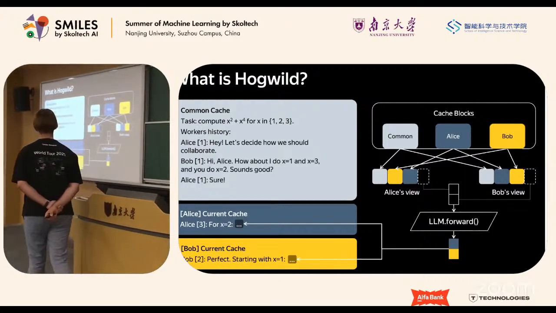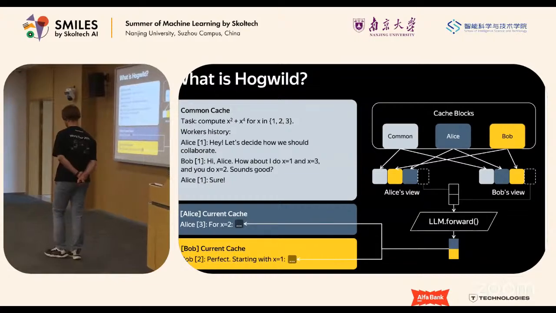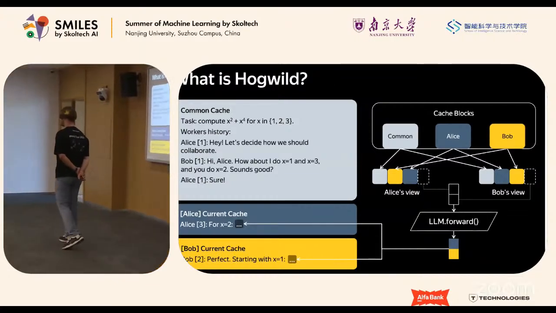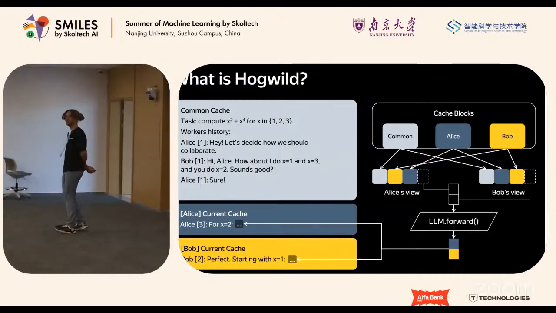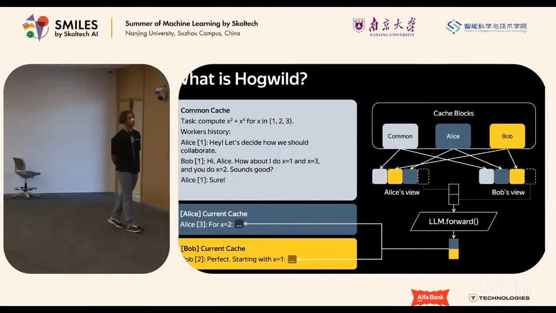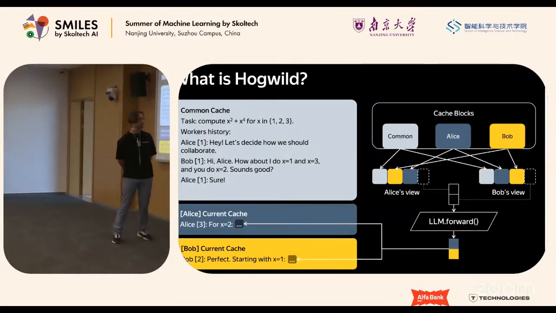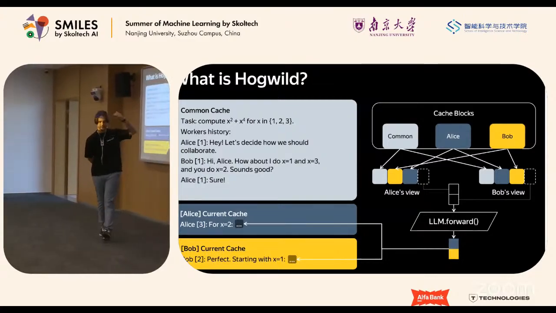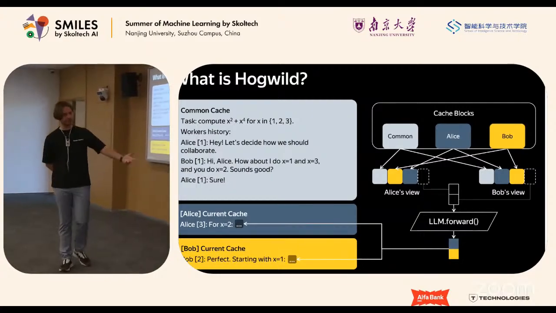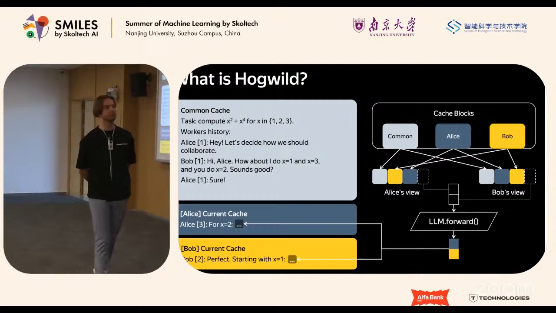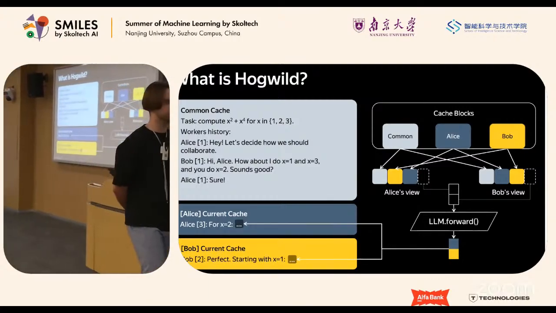And to do that, we introduce a cache block. That's a block of KV cache that can have the KV stored inside of it for Alice, Bob, and maybe something else separately. And new incoming tokens and new KV vectors can be stored inside of them.